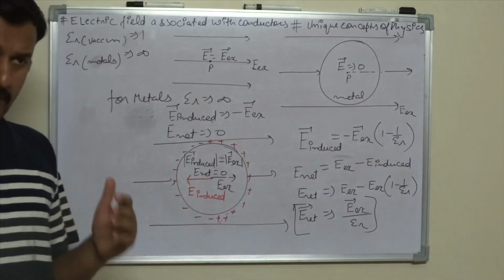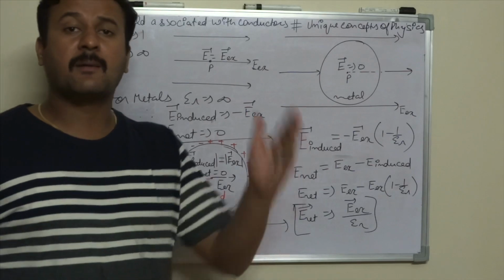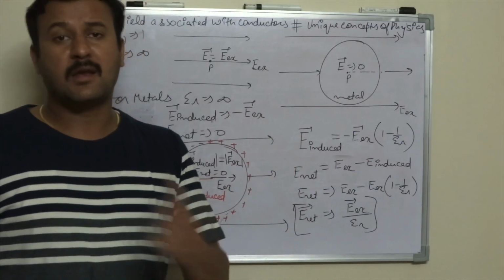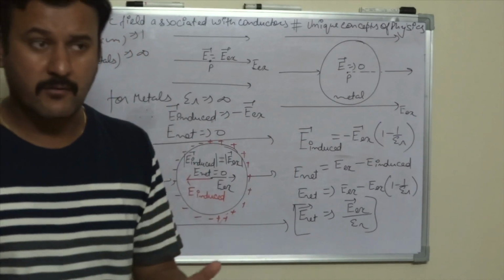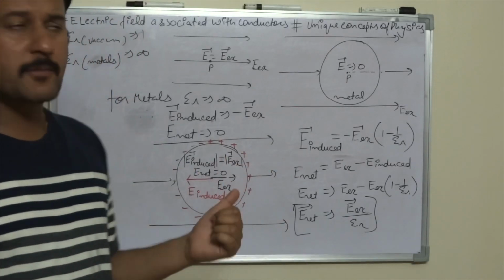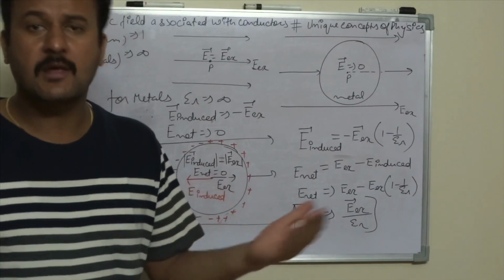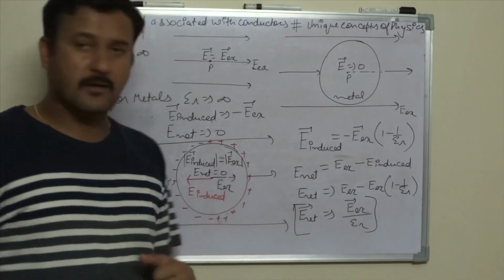Actually, the induced electric field has a nature that it is always induced in the opposite direction of the external electric field, and it is quite obvious this happens because the electrons actually move in the opposite direction of the external field.